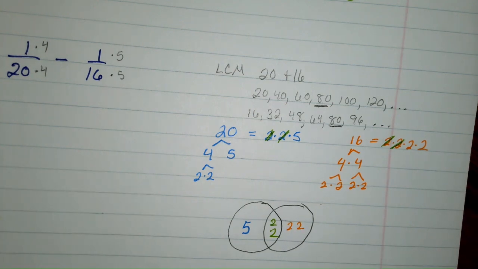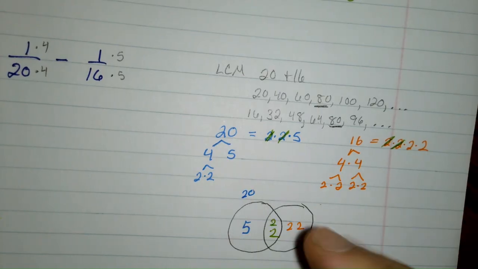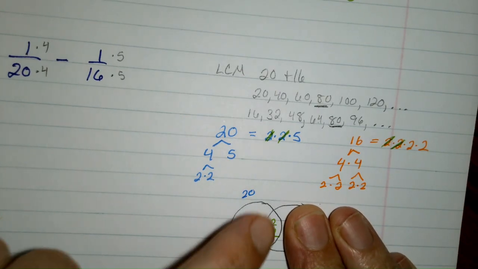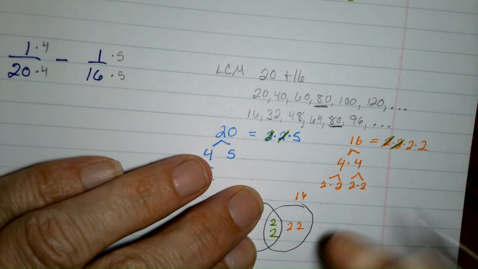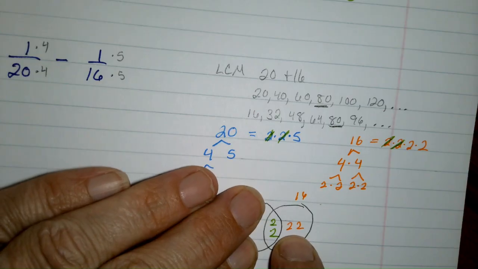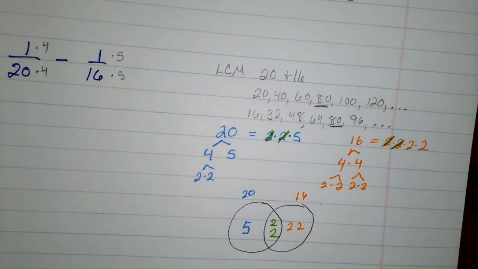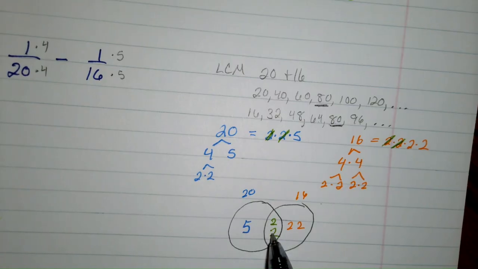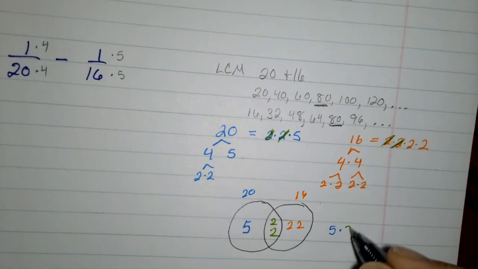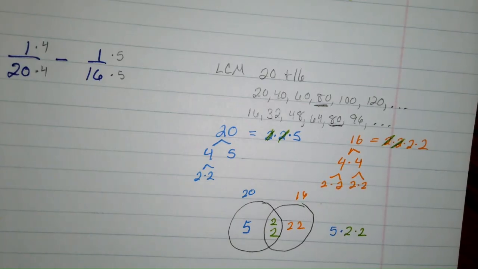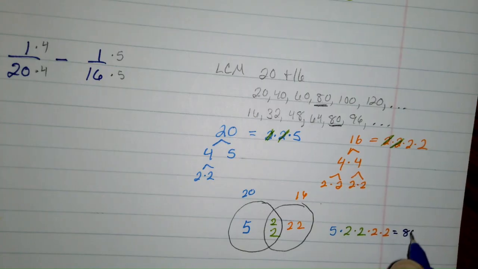So if you look at the 20 circle, you'll see that it's 2 times 2 times 5. If you look at the 16 circle, you'll see it's 2 times 2 times 2 times 2. When we put all the circles together, 5 times 2 times 2 times 2 times 2 equals 80.